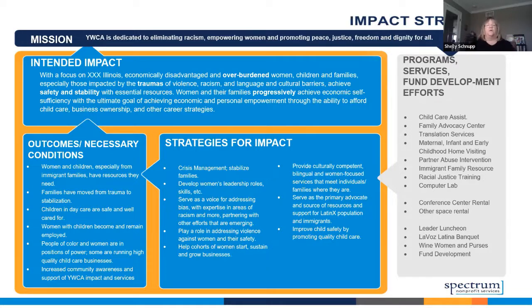Again, this is what the organization does with its resources. So you'll see the grouping of programs. You'll see a small grouping, conference center rental and other space rental, as something the organization does with its time and resources, as well as a listing of 4 resource development types of activities.